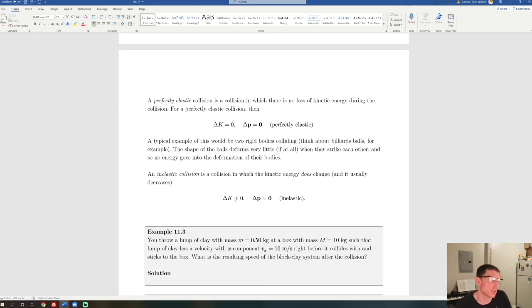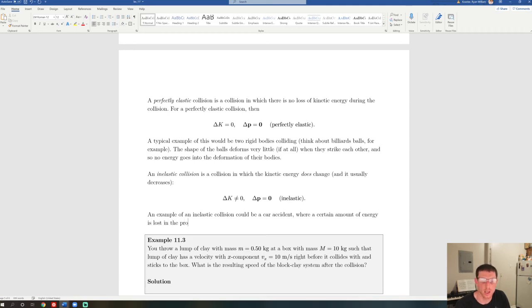So let me actually give you an example of an inelastic collision. This is going to be kind of gruesome, but an example of an inelastic collision could be a car accident, right? Where a certain amount of energy is lost in the process of deforming, let's say, the frames of the car, and as heat, maybe.